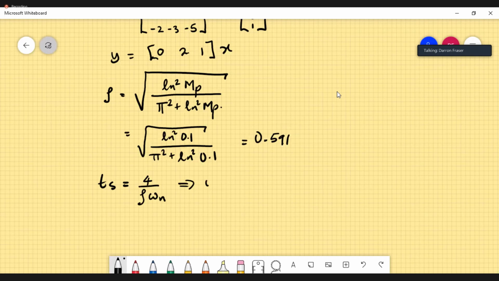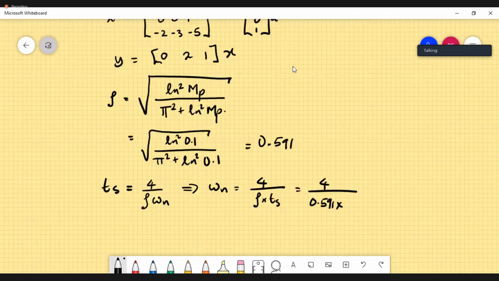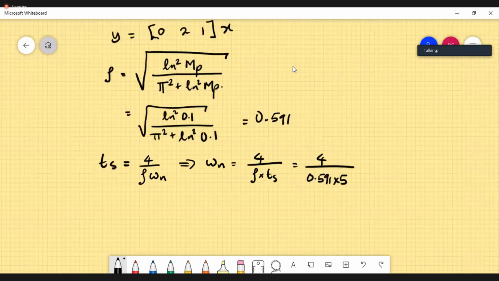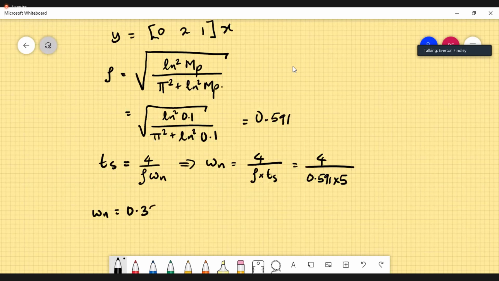So it implies that omega n is equal to 4 over damping ratio times settling time, which is 4 over 0.591 times 5, since we said the settling time was 5 seconds. That gives 1.35.